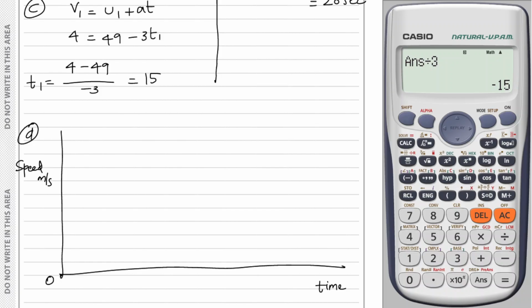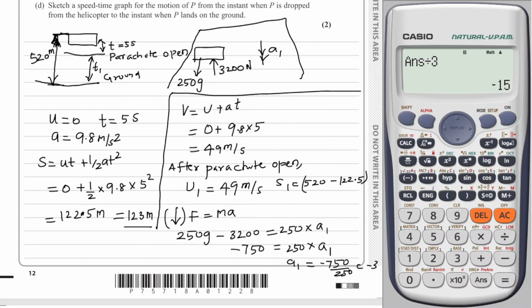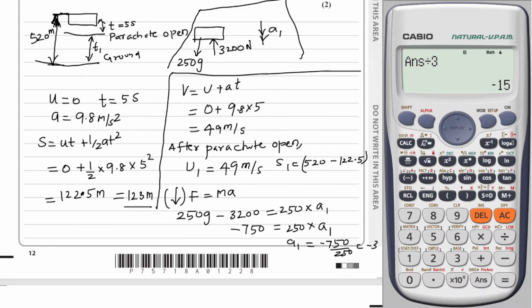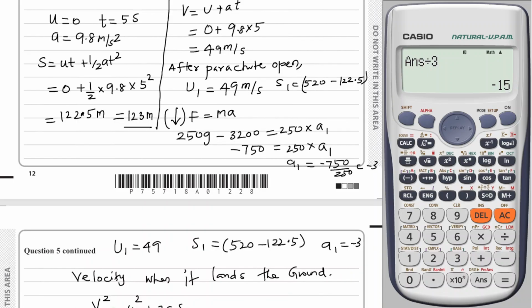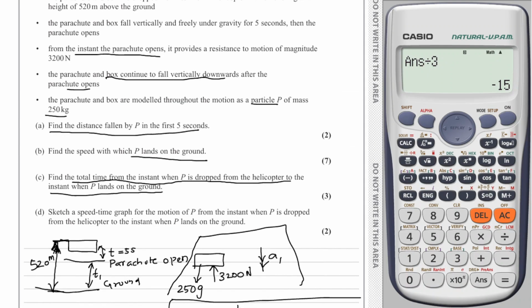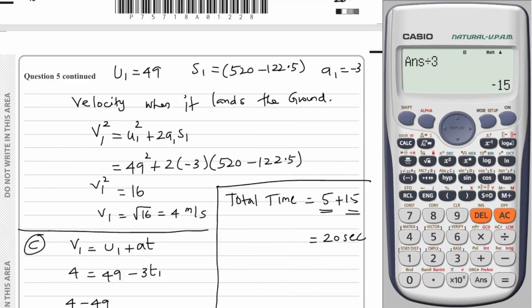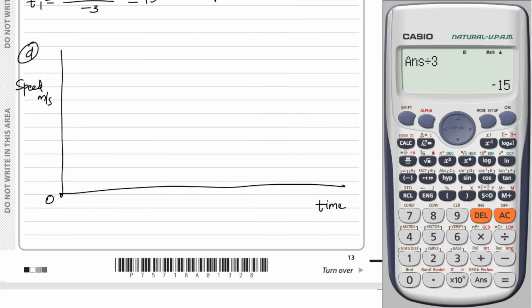But when it starts moving, its velocity becomes 49 meter per second. It reaches 49 meter per second, the final velocity when the time is 5 seconds that we calculated. So it increases to 49 meter per second during its 5 seconds of travel.